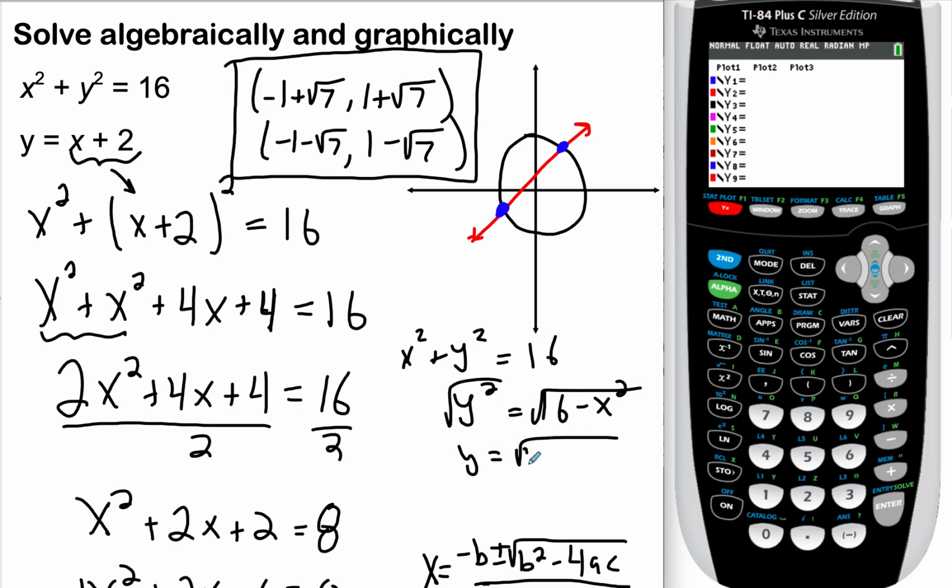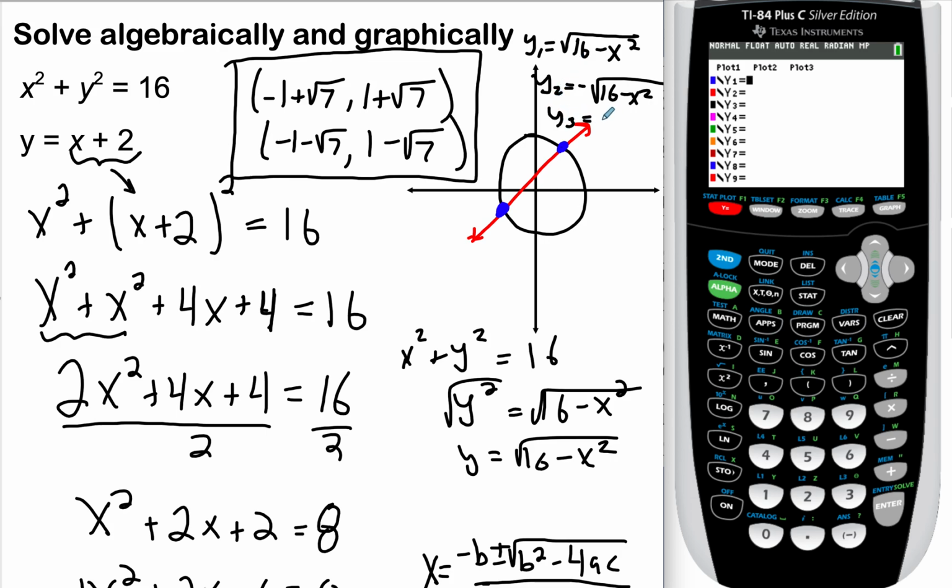Now remember, as we discussed in class, this is only going to give you a semicircle, because only positives, or I guess 0, can come out of square roots. We're going to define y2 to be the opposite, because this will result in a reflection that gives you the second part of the circle.